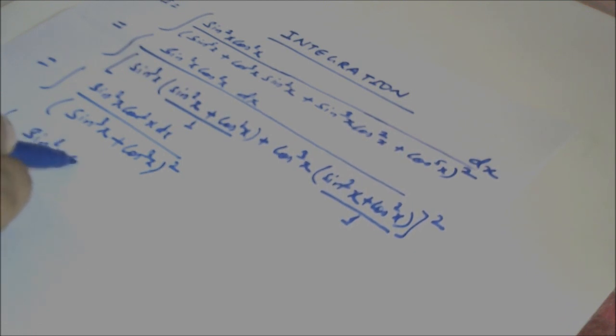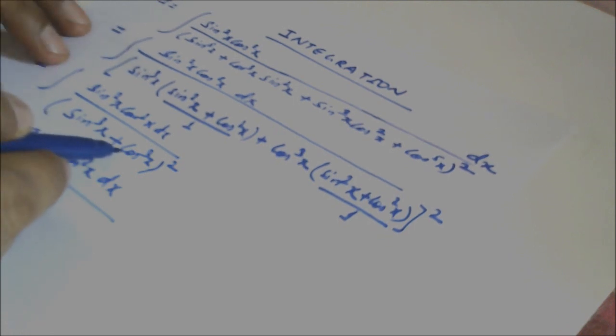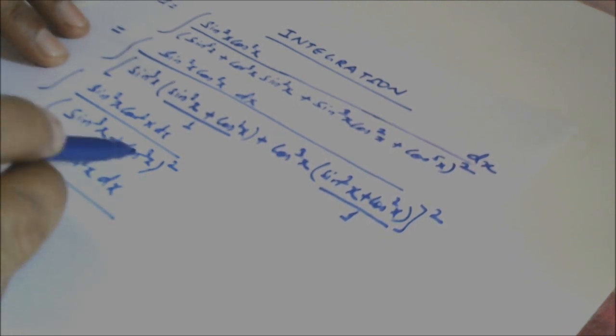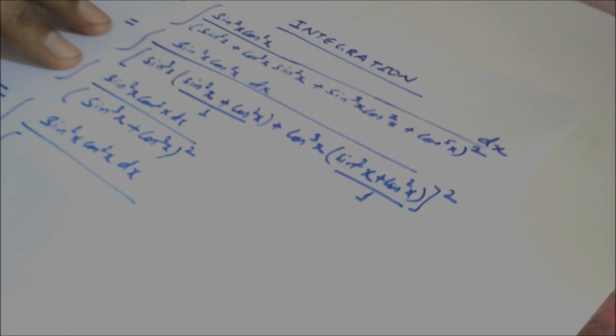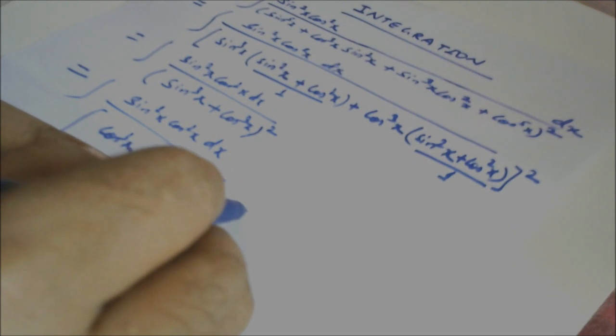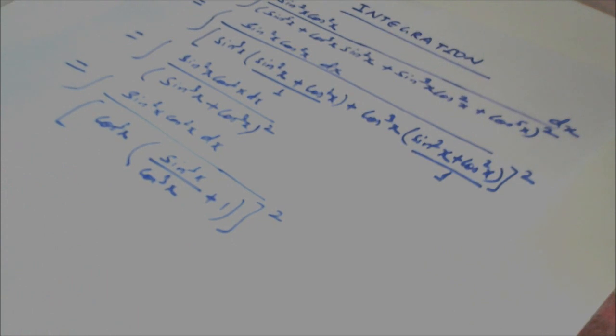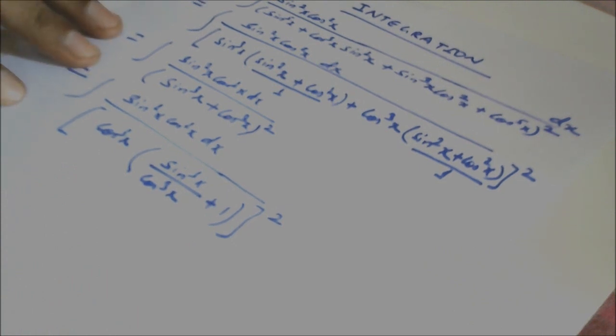Now sin square x cos square x dx divided by, now we want to make it tan cube x. If we take cos cube x common, we can write cos cube x, and here it becomes sin cube x by cos cube x plus 1, and it is squared.